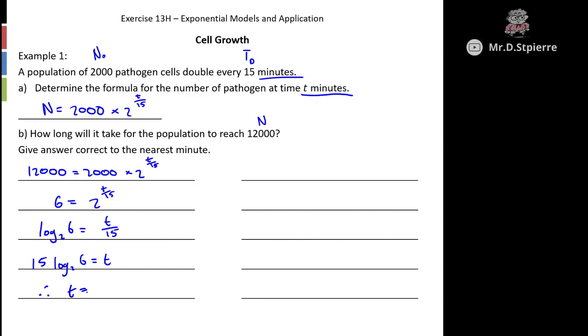You can make an estimate. Log base 2 of 6, that's 2 to the power of what is equal to 6. That's going to be 2.5-ish, a bit more. 2.5 times 15, we're going to be in the 38 range.